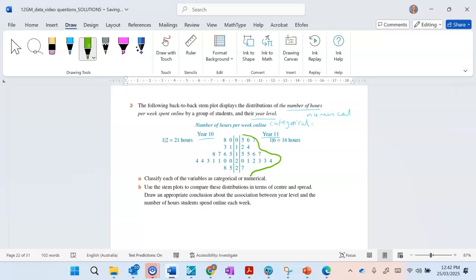We can see here we've got a peak and we've got this tail going off to the side. So let's do year 10, year 11, and then shape, center, spread. For year 11, it is negatively skewed.